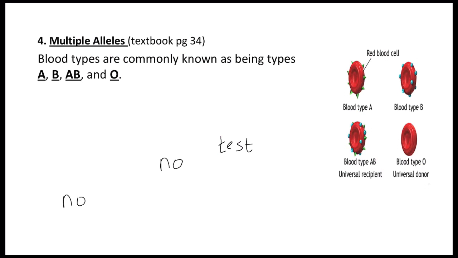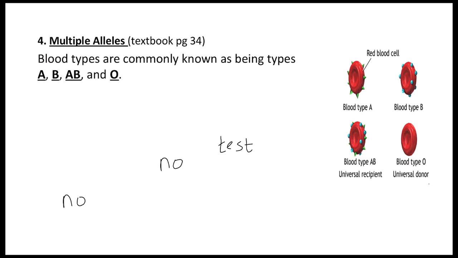We are going to be talking about multiple alleles. So this is on page 34 of your textbook. Blood types are commonly known as being A, B, A and B together, and O. Thus far, you've only had two options for whether or not a gene is normal versus affected by something.